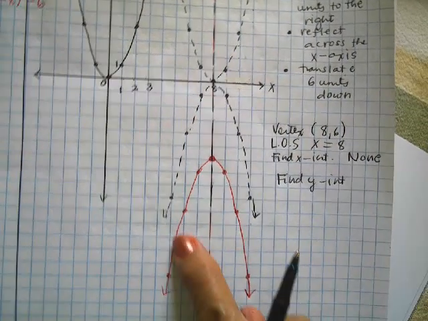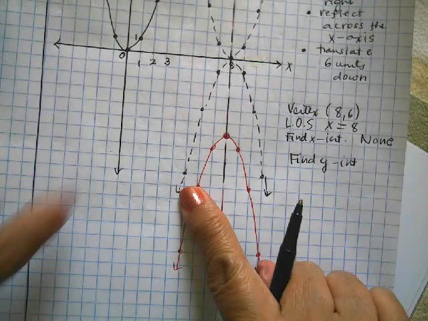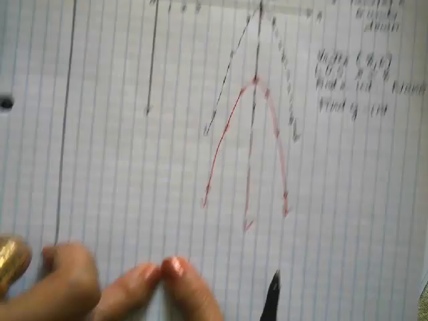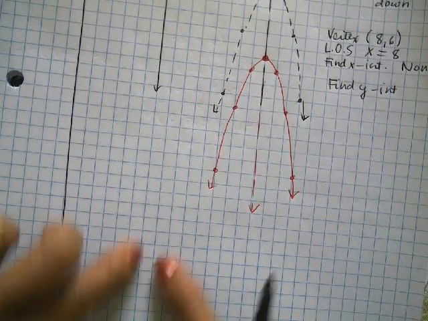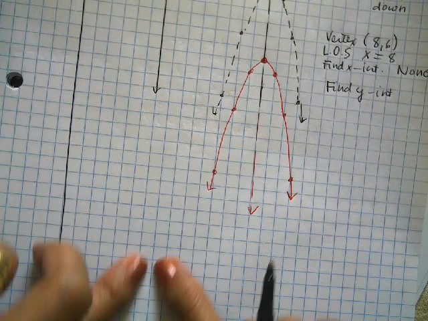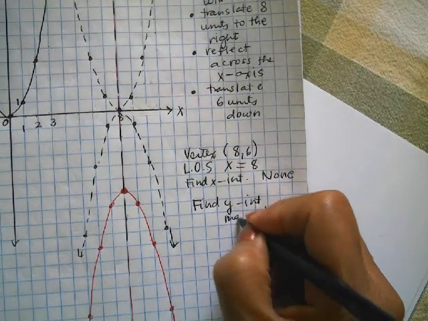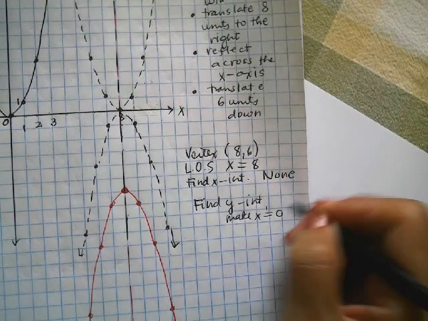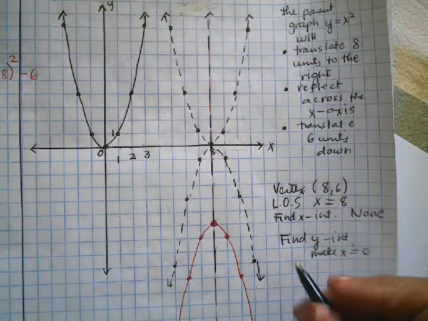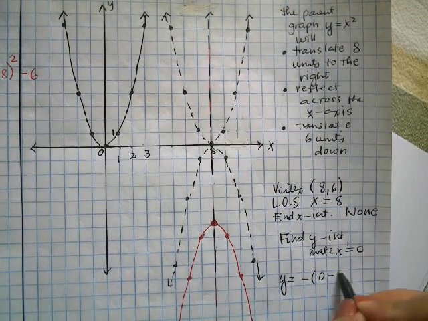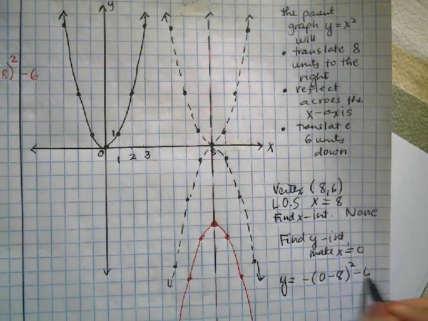Find the y-intercept. Okay, so here, eventually this red graph and the y-axis will meet in space. So as this goes down, they will meet somewhere there, and you have to find that point. To find the y-intercept, make x 0 in the original equation. So y equals negative (0 minus 8) squared minus 6.